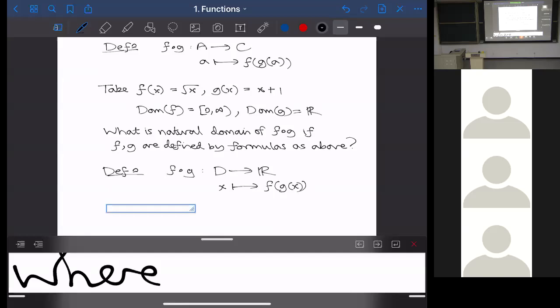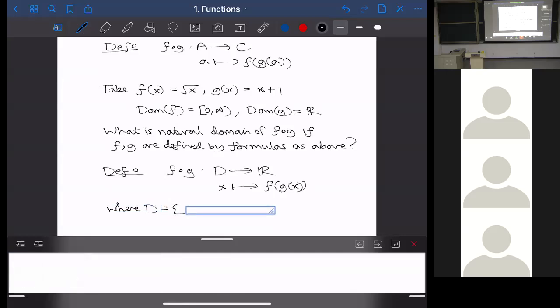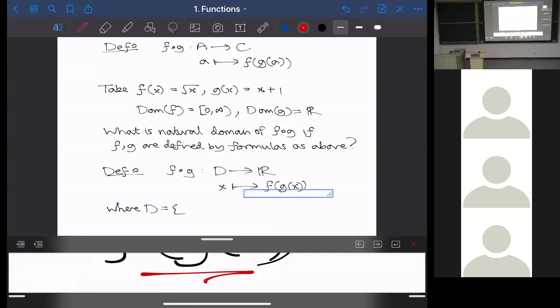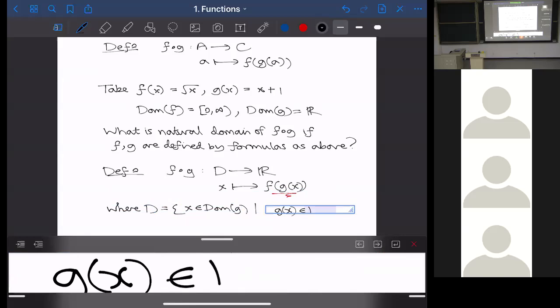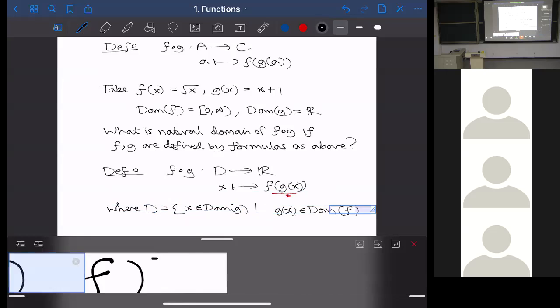Now, what is D, the natural domain? Well, for this to be defined, I need x in the domain of g, but I also need g(x) to be in the domain of f.